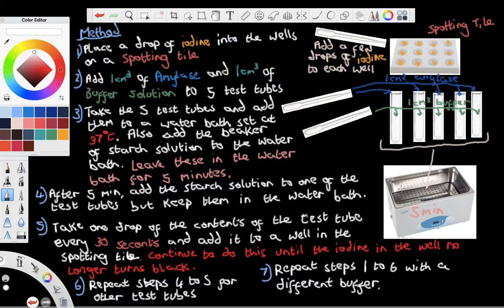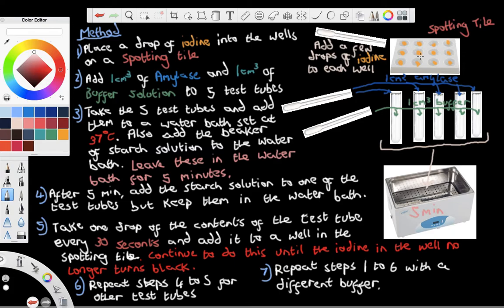You would also put in there your conical flask containing starch. They have not been added together yet. After 5 minutes, you would take some starch solution with a pipette and add it to the test tube that's been in the water bath. You would then start taking a single drop of the contents and adding them to each well every 30 seconds and recording the colour change.